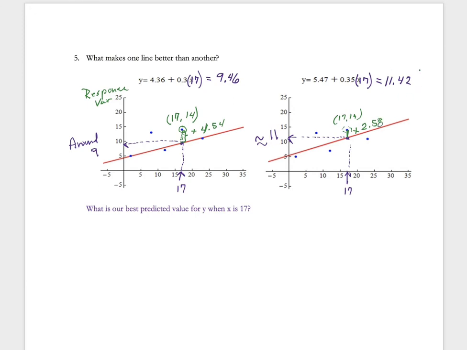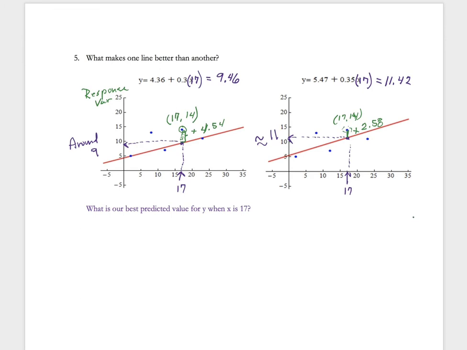Our predicted value of 11.42 plus 2.58 is how we get the actual response variable value of 14 when the explanatory variable is 17.